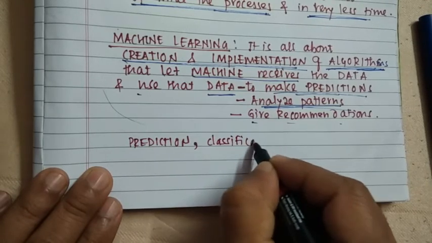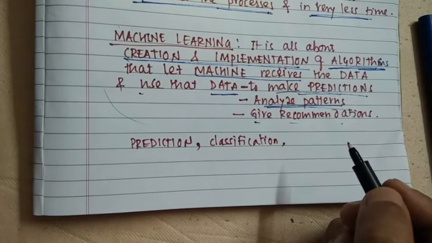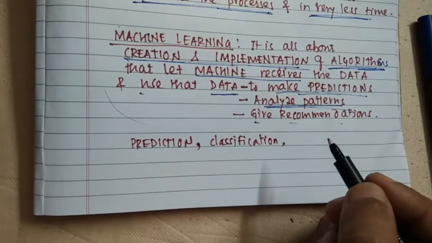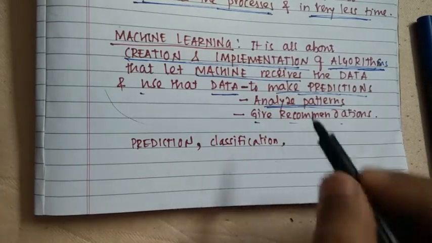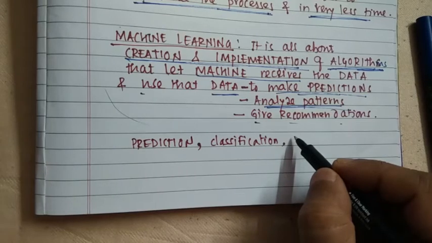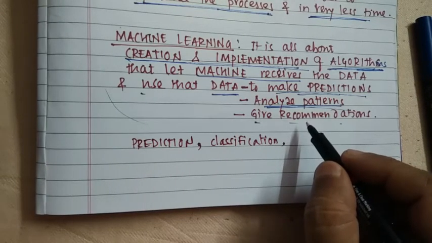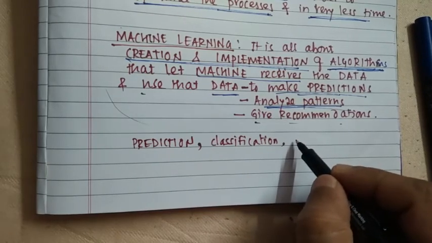We can use it for classification, to predict whether a person has cancer or not based on their information, or whether the person is a loyal customer of the bank according to bank data.